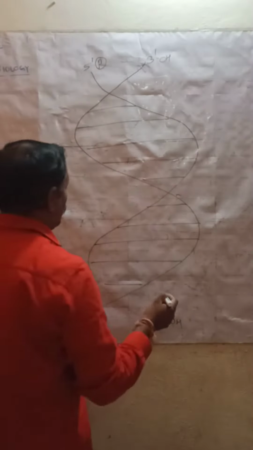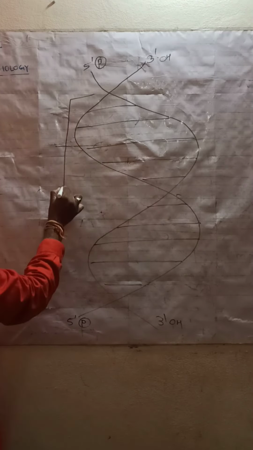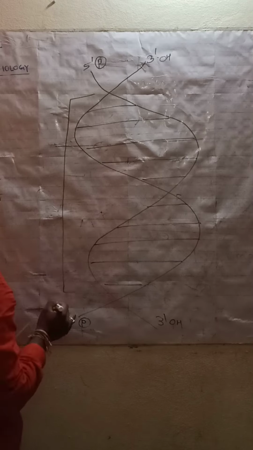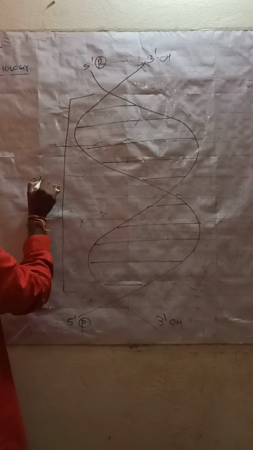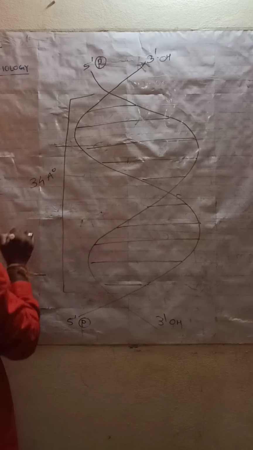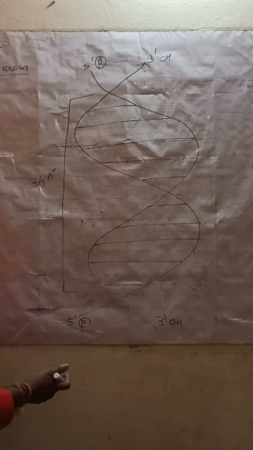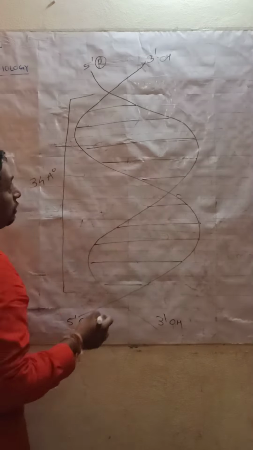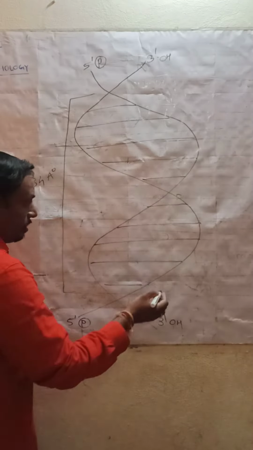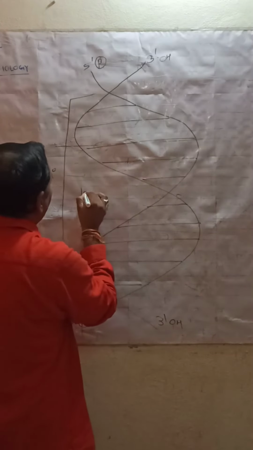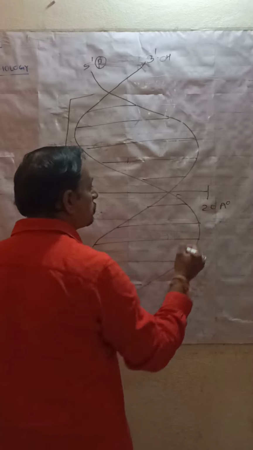Each turn of DNA, this whole turn, these two twists, makes one turn. One turn of DNA is 34 angstrom in length. The width of DNA is only 20 angstrom.